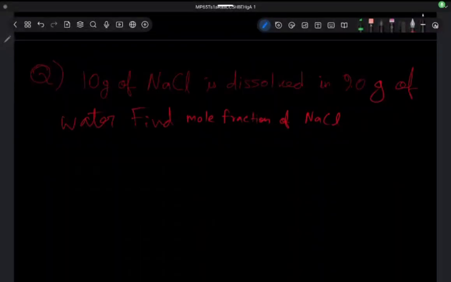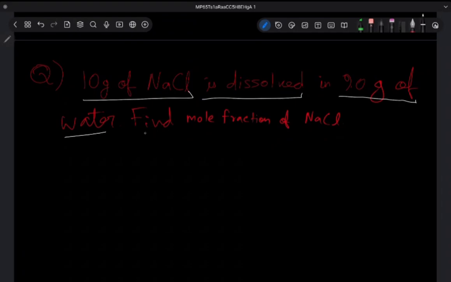On the topic of mole fraction, it has been asked: 10 gram of NaCl is dissolved in 90 gram of water, find mole fraction of NaCl.